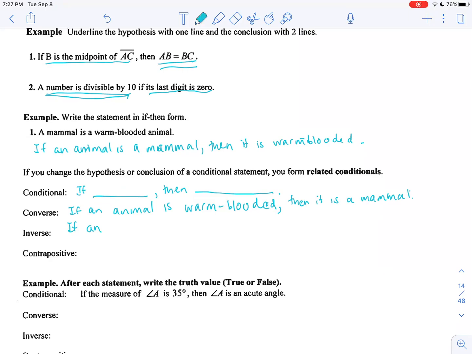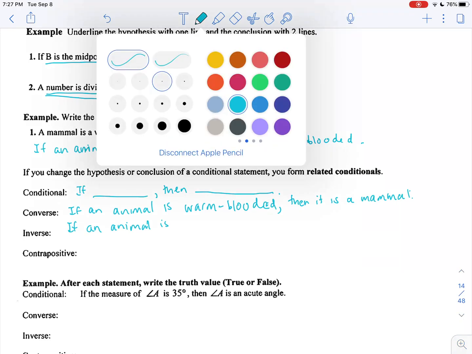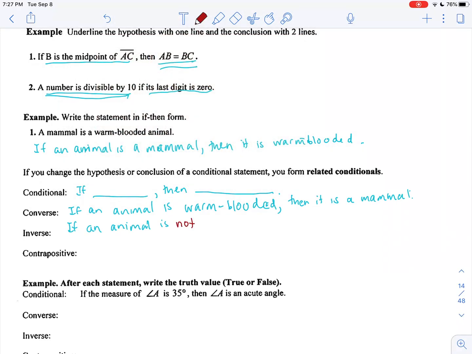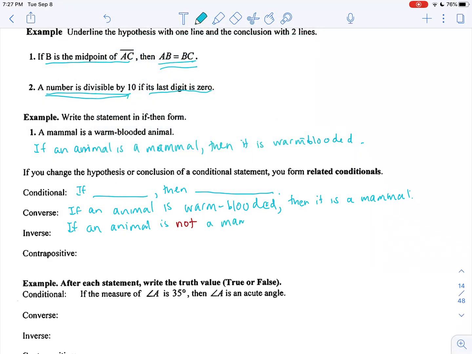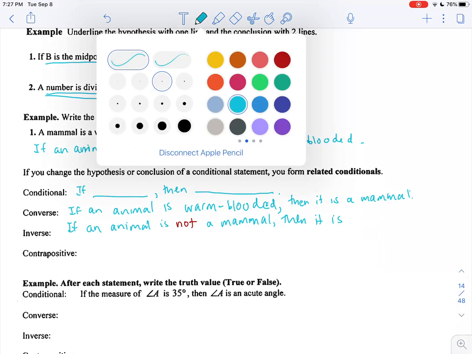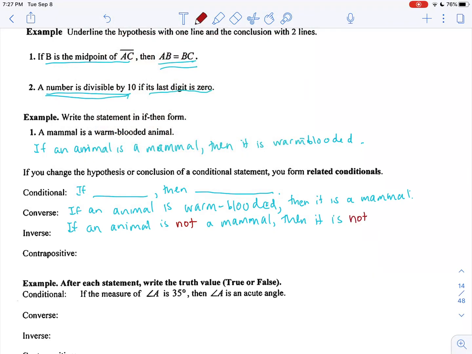So, if an animal is, and I'm going to insert in red the part that changes the conditional statement, if an animal is not a mammal, then it is, again adding the not and making it negative, then it is not warm-blooded.